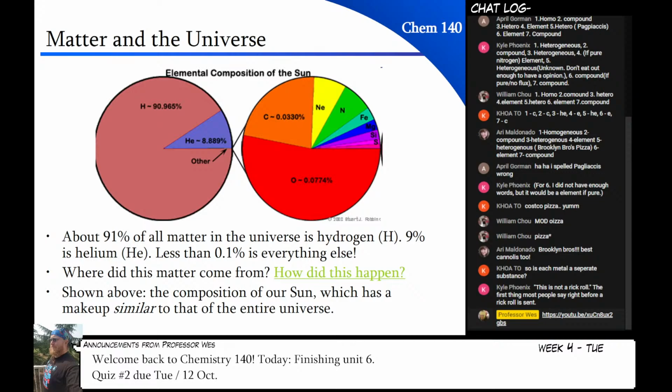A smaller chunk of that is helium. And then everything else is the teeniest, tiniest sliver, which you can't even see. We have to zoom in here. That is all the other elements. Presumably this diagram keeps going, but this is just the slide that I pilfered this picture from.